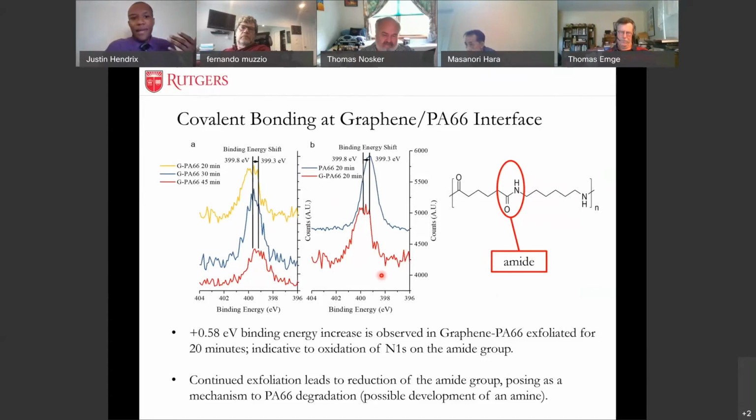You can see that for the 45 minutes, and the 30 minutes is slightly retained, where that reduction is going on. And so this actually supports some of the crystalline anisotropic characteristics that we got in the previous section.